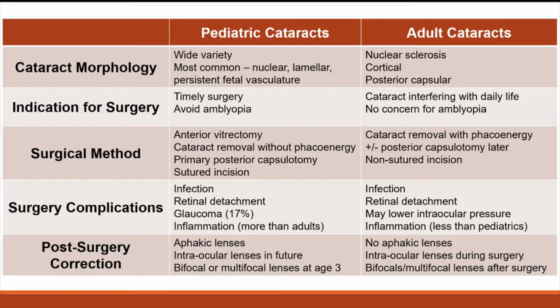However, adult cataract surgical removal is performed only once the cataract is significantly interfering with daily life and activities. Different surgical methods are utilized in pediatric versus adult cataract surgery, which results in unique surgical complications in the different populations. After surgery, children can be left aphakic and have intraocular lenses placed in the future. However, adults are rarely left aphakic, and intraocular lenses are placed during the initial cataract surgery.